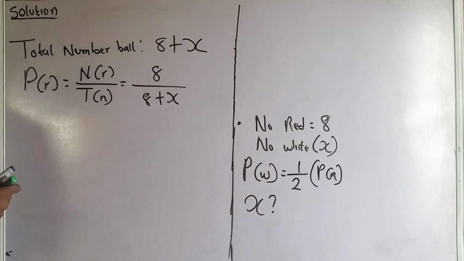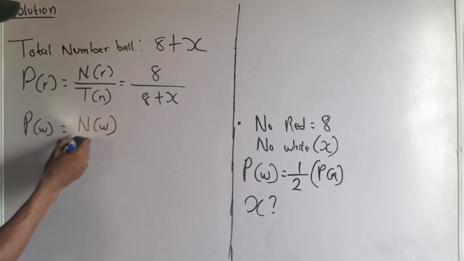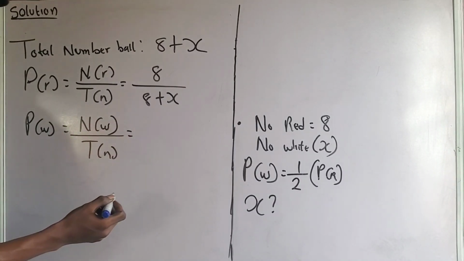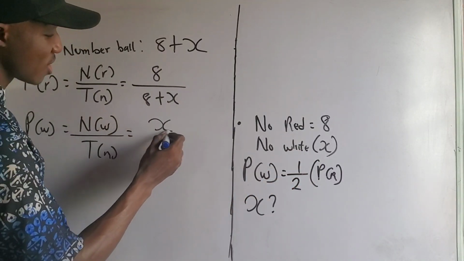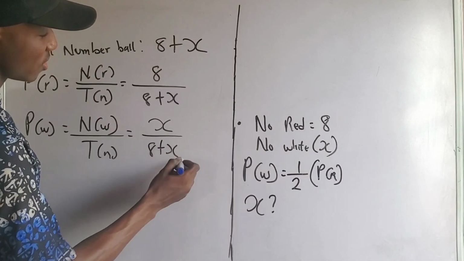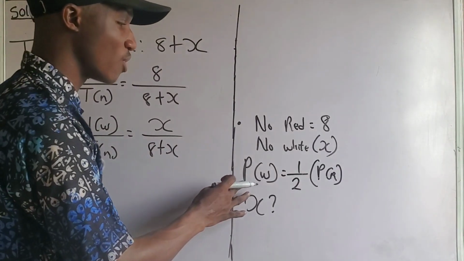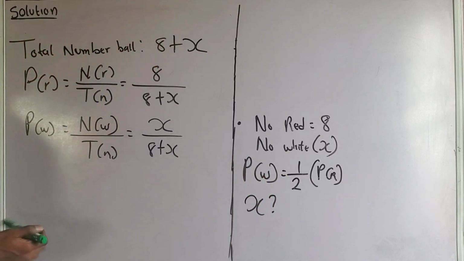Okay. The probability of a white ball, please pay attention. The probability of a white ball will be equal to the number of white balls present inside the basket all over the total number of balls. The number of white balls present is what? We've already represented it as x. So I'm going to have x all over the total number of balls, which is 8 plus x. Now, from this statement, the probability of a white ball is half of the probability of a red ball.